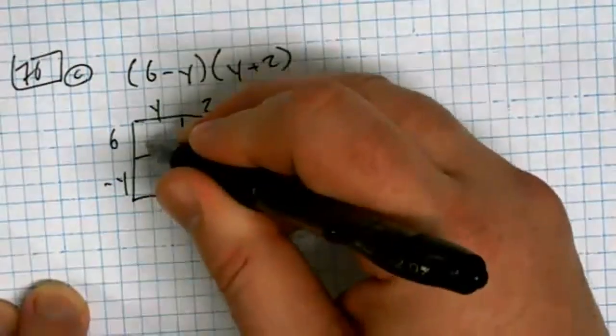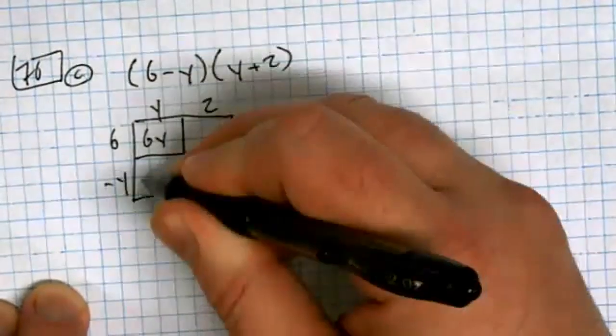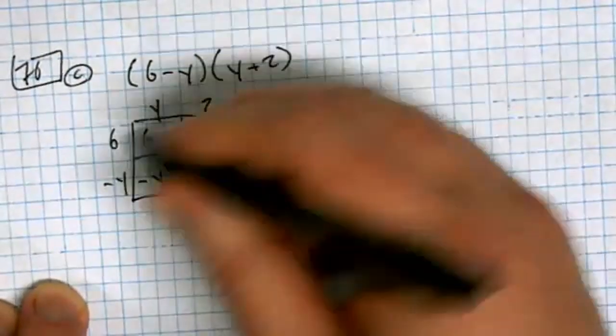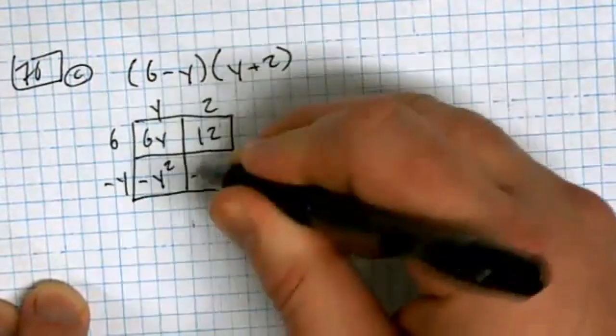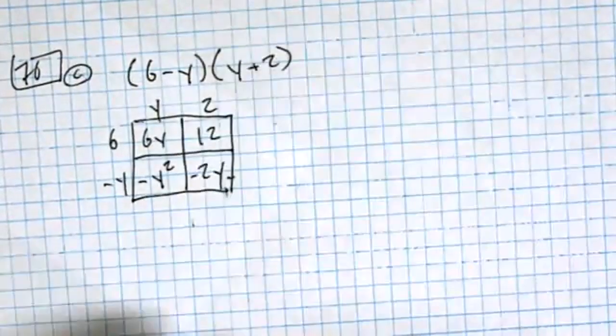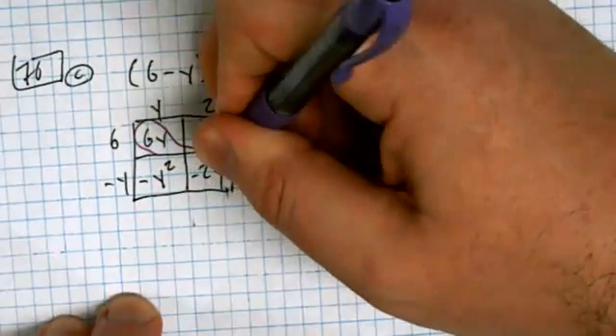1, negative 1 squared. Oh, 2 1. Got like terms here.